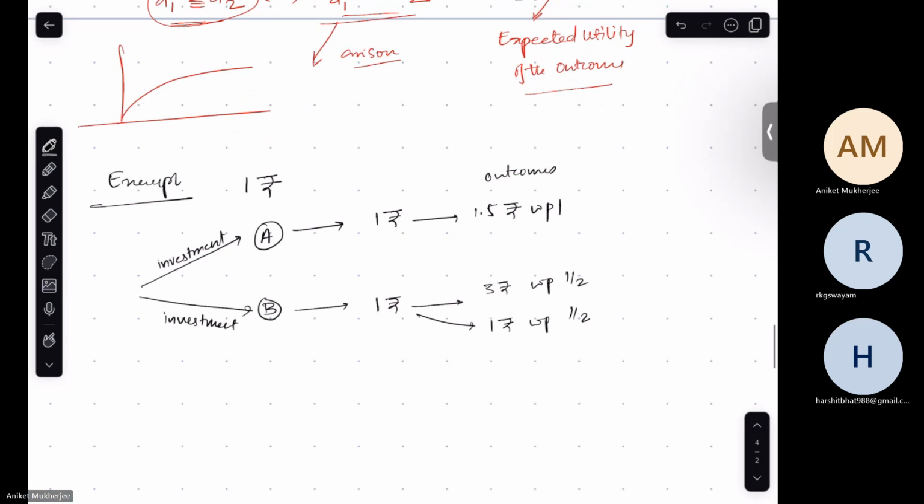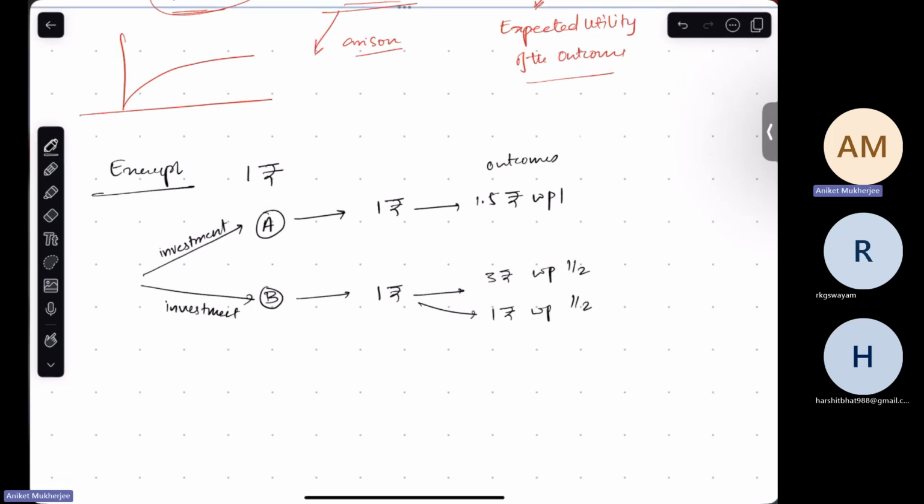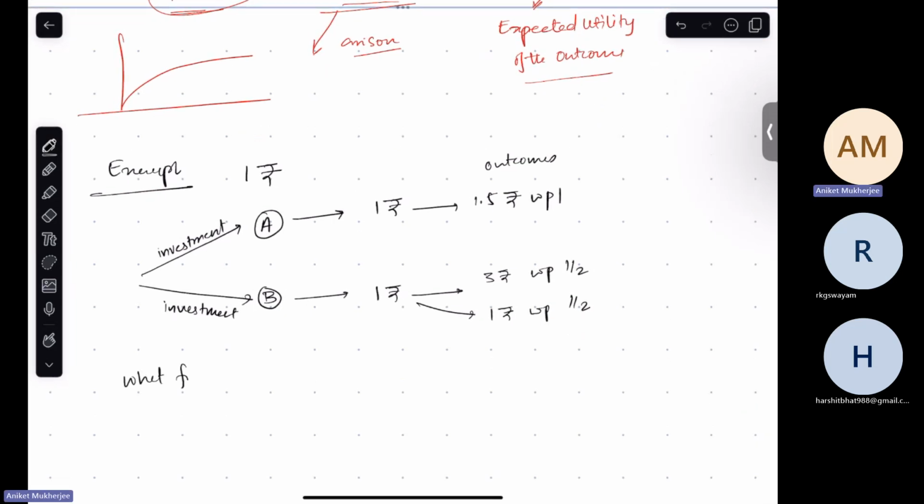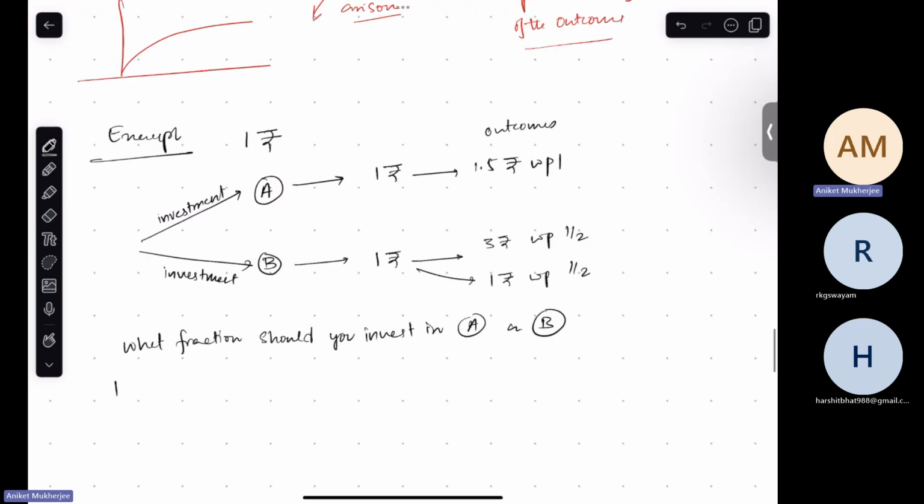Now, the question is, what fraction of your initial investment amount should you invest in A and B? So basically your decision variable, capital D, is between 0 and 1.